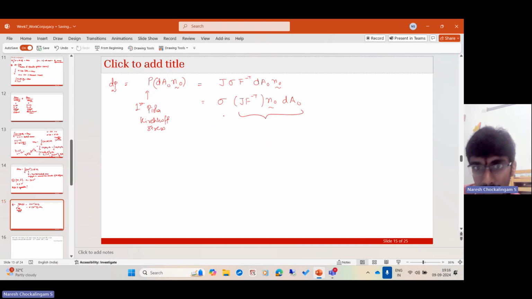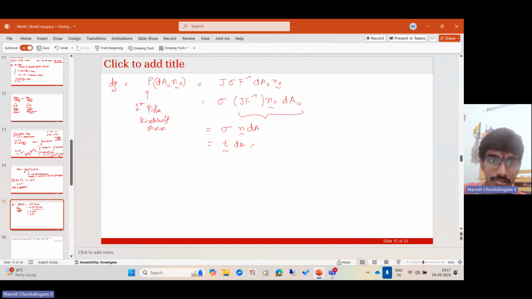What is this? This is the transformation of oriented areas. So this is the transformation of vector areas. This is nothing but sigma times the new area dA. But this is basically traction dA, which is the elemental force in the deformed configuration.